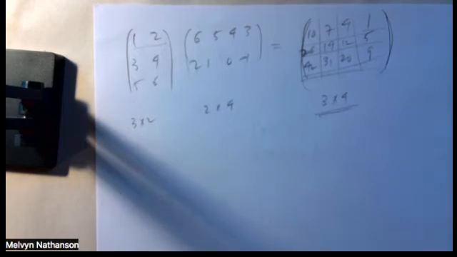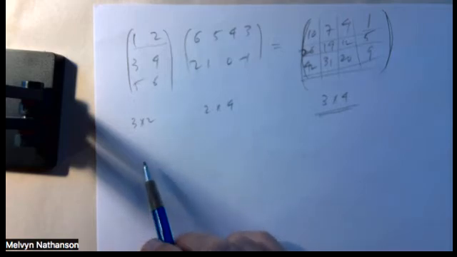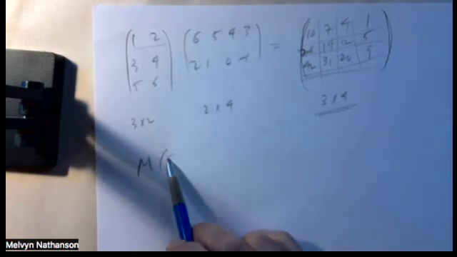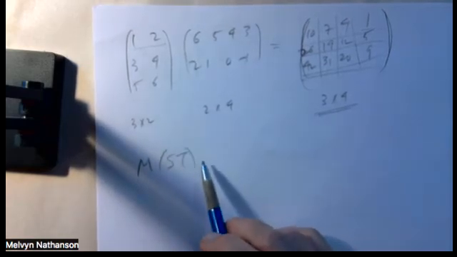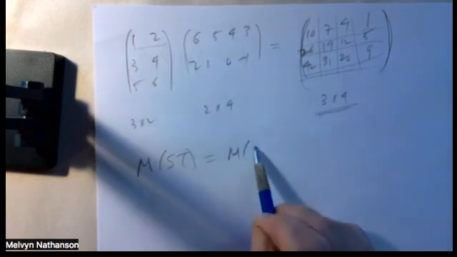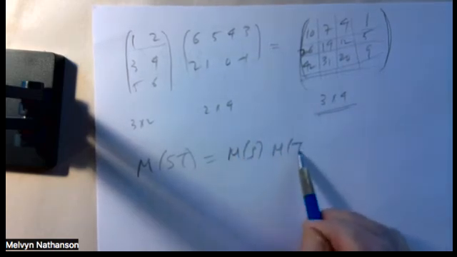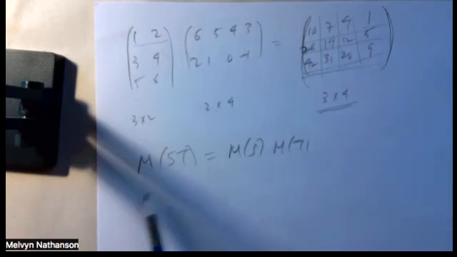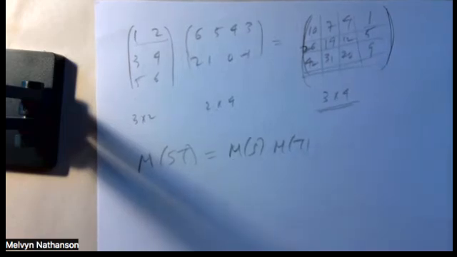And with this definition of matrix multiplication, it is in fact the case that the matrix for the product of two linear maps is the product of the matrices of the linear maps. The matrix of the product is the product of the matrices.